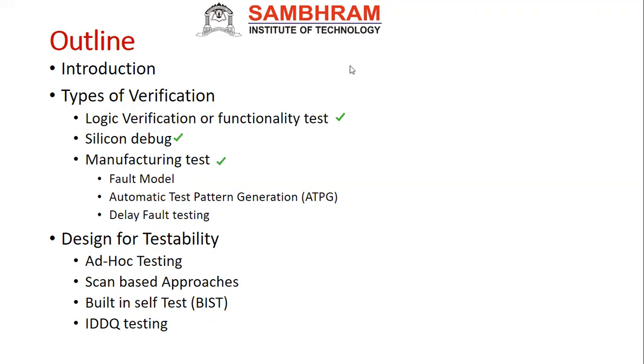In manufacturing test, we have different types: the fault model, and the automatic test pattern generation, shortly called ATPG. Then delay fault testing.